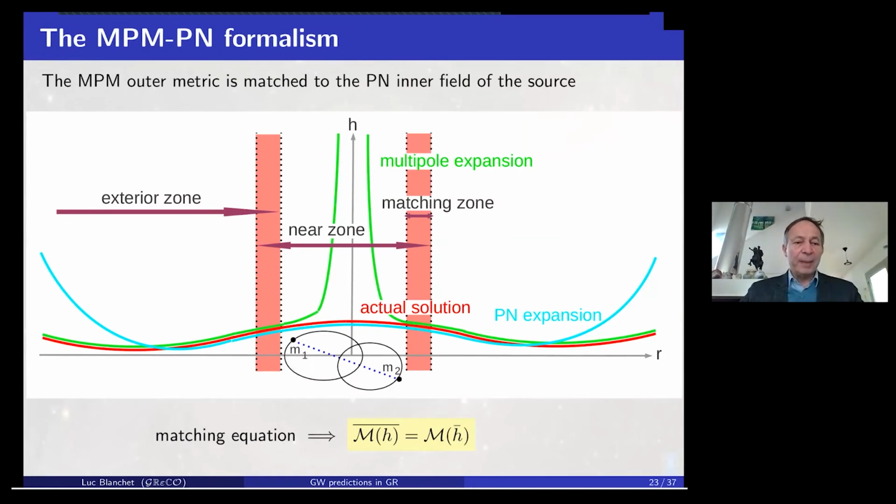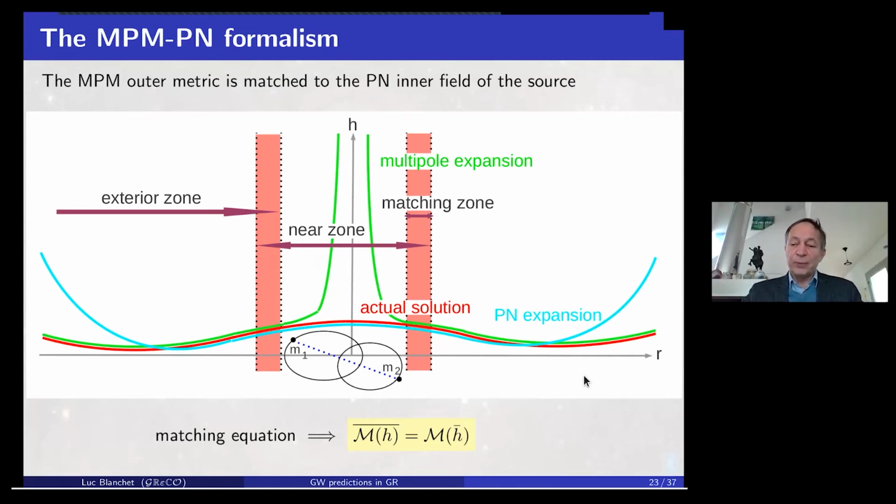So the MPM formalism will be matched to a post-Newtonian expansion inside your source. And the way this is done is through the matching equation. So there is a matching equation which can be solved up to any post-Newtonian order.